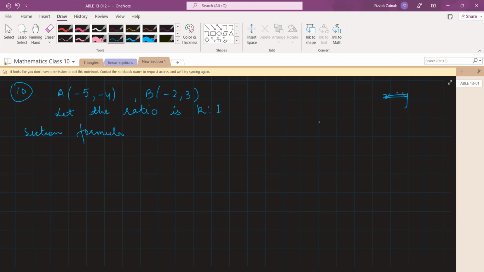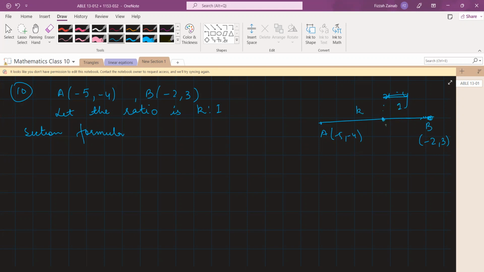If you draw a figure, you have your point A, which is (-5, -4), and then another point B, which is (-2, 3), right? On this line segment, let's say the ratio is k is to 1, we don't know.